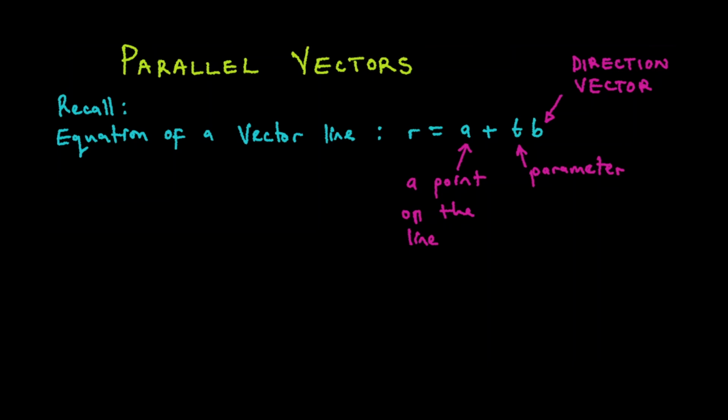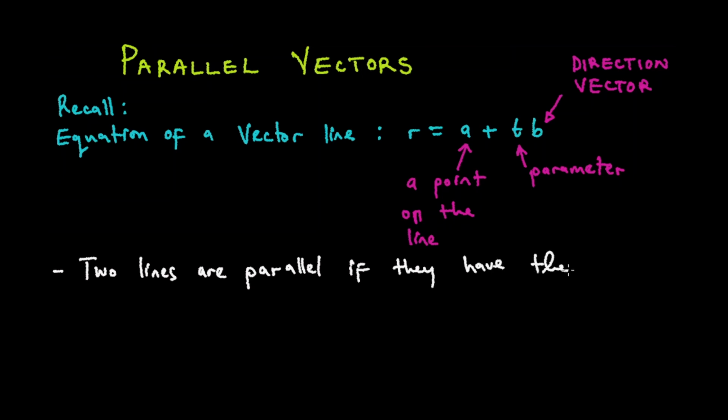Now getting into our lesson today, our first point is that two lines are parallel if they have the same direction vector.